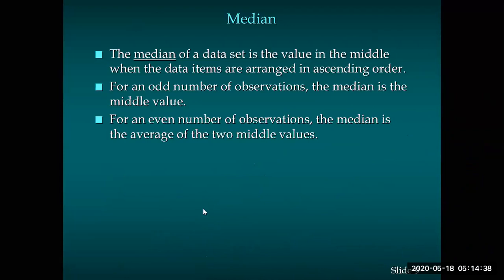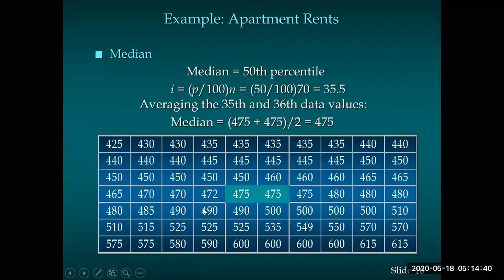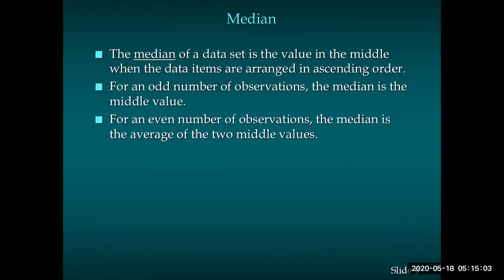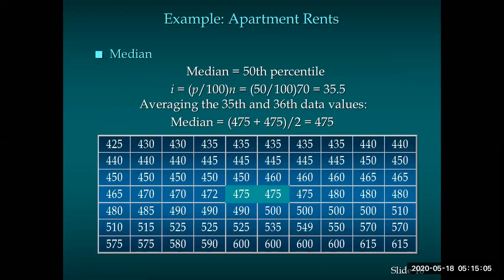So I gave you a basic idea of how you can use the rule. Recall, I just told you, if you're getting a non-integer value, you have to take the average of the 2 numbers.